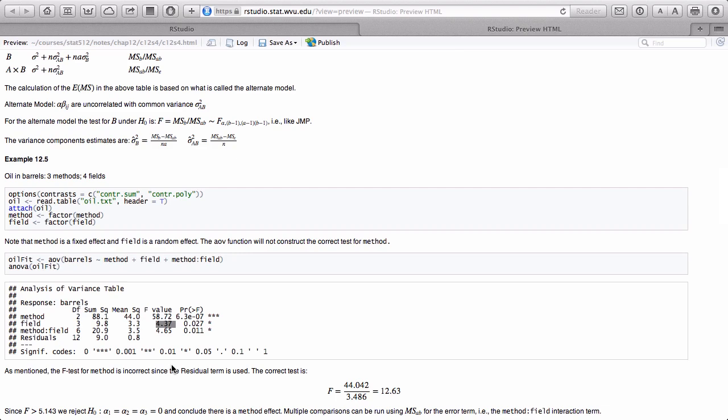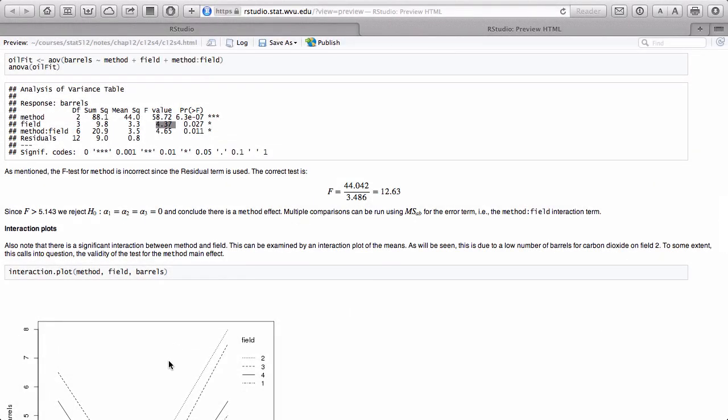But if I were using the alternate model, I would be dividing by the residual mean squares for the interaction. That would be 3.3 divided by 3.5. That's an F of less than 1, and therefore it would not be significant. So here we see a difference between a significant result using the standard model and a non-significant result using the alternate model.